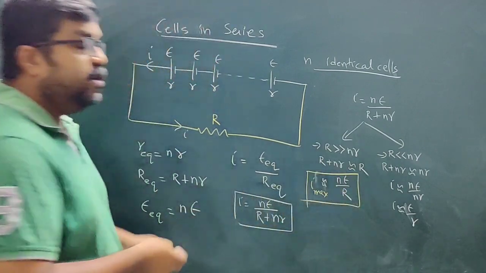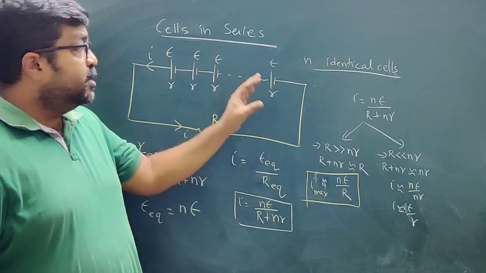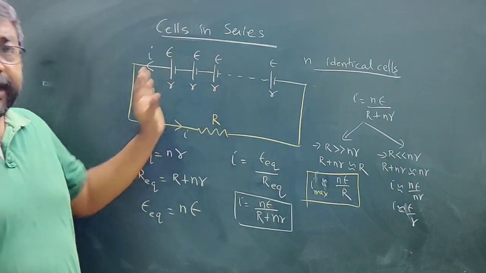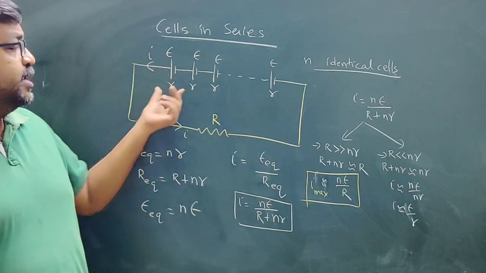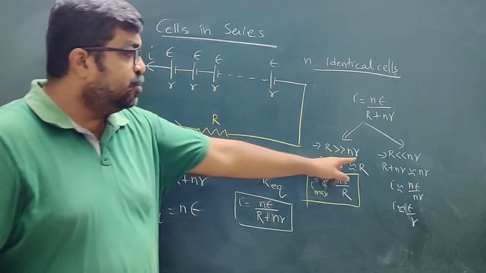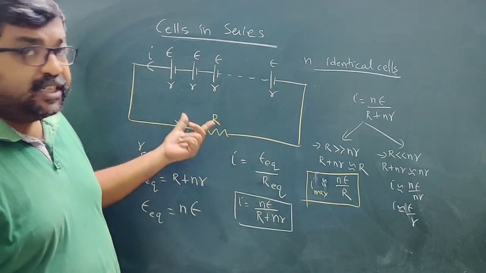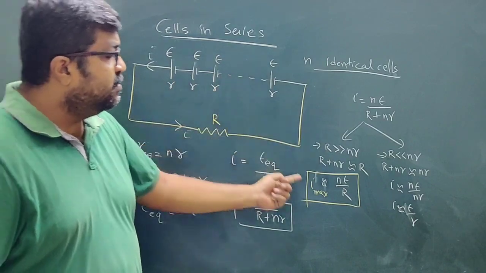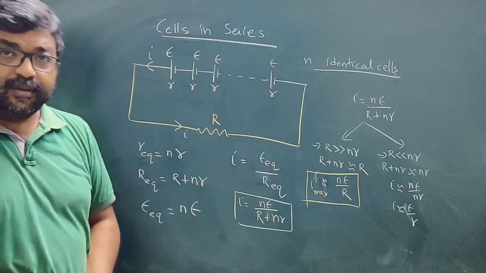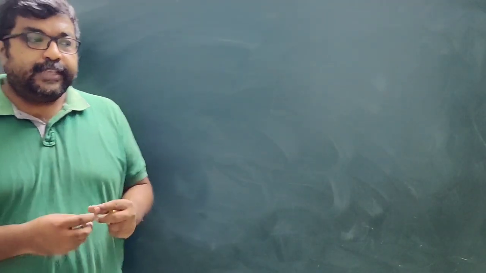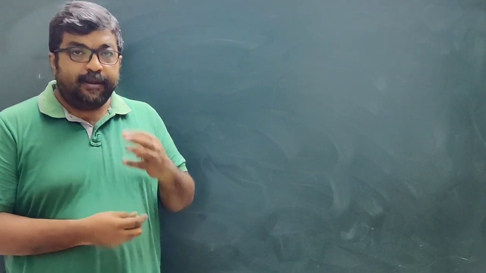So for series grouping of cells, the current supplied by the cell will be maximum when external resistance is much greater than the total internal resistance. So next, let us see the same approach for grouping of cells in parallel.